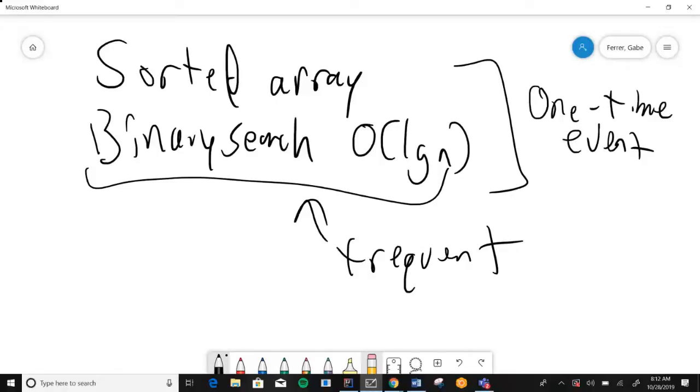So in other words, you've got a big collection of stuff. You sort it once, and then you can search it whenever you need to search it. If that's what you're doing, this is a great approach for finding information. But this isn't always what we're doing.